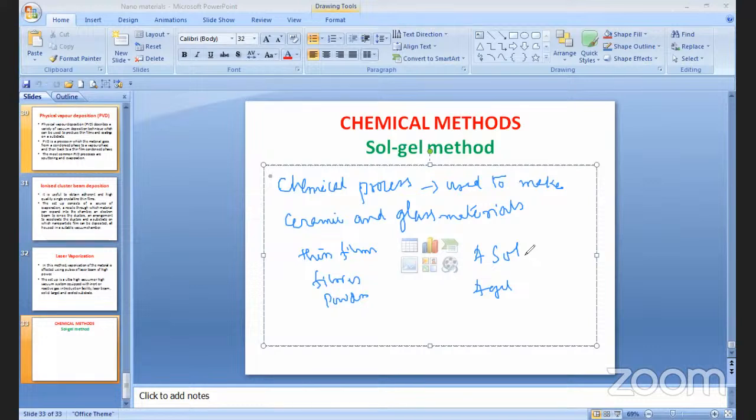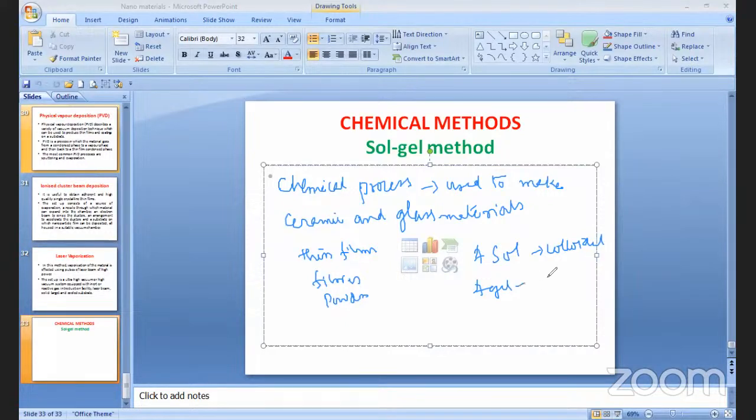So a sol is a colloidal or molecular suspension of solid particles of ions.